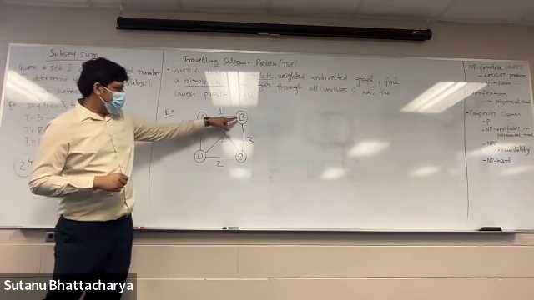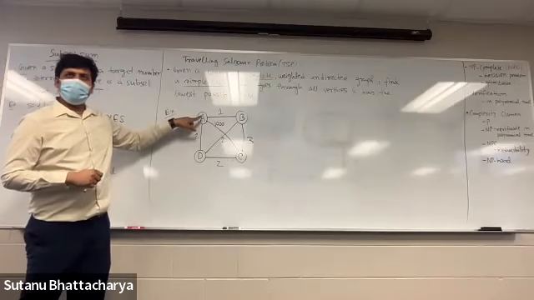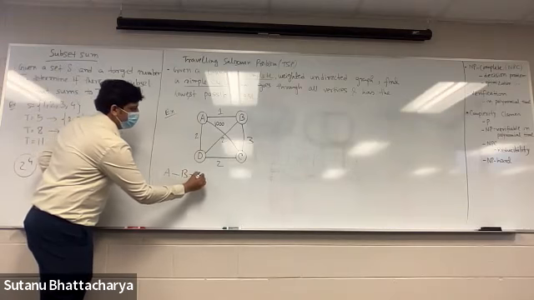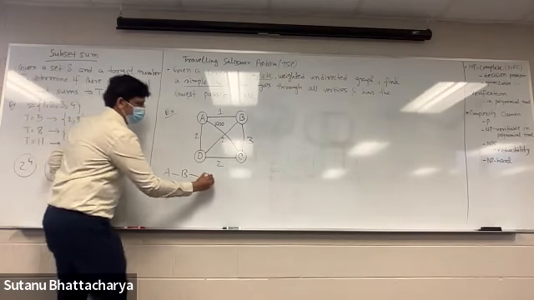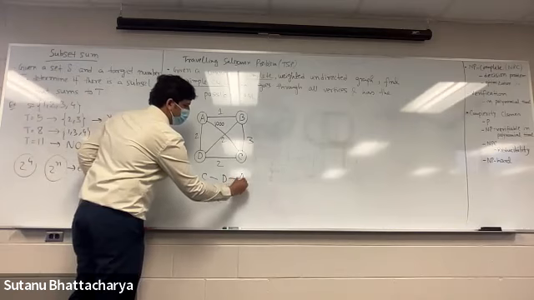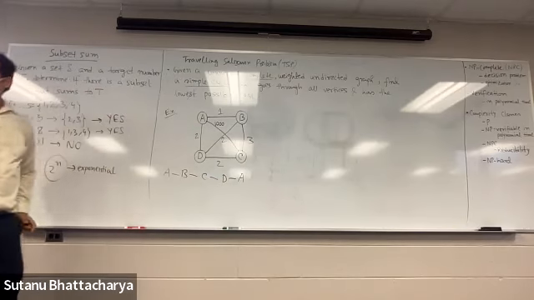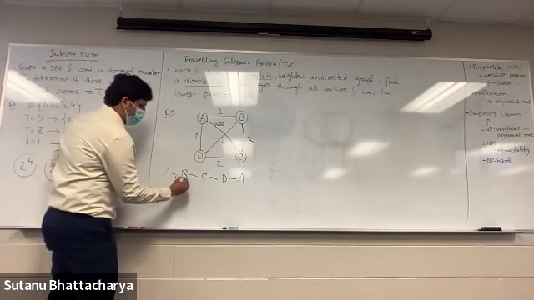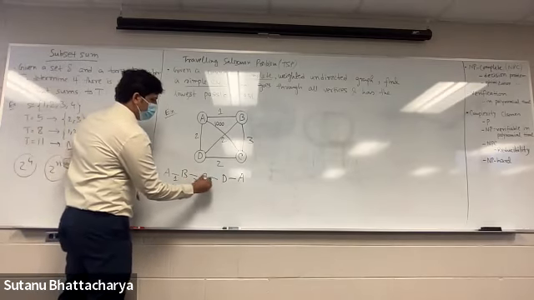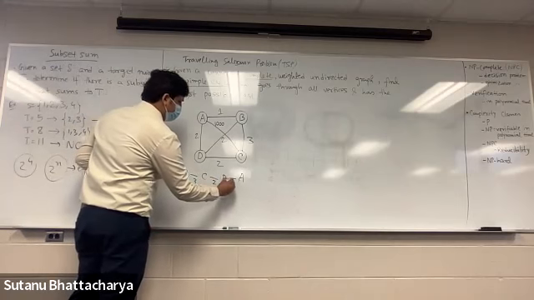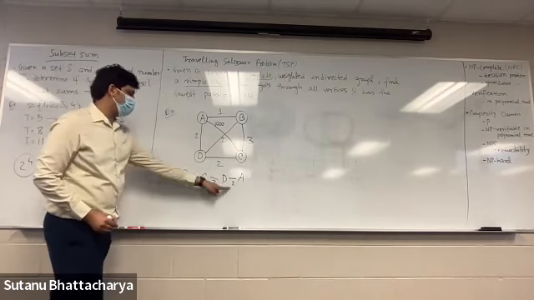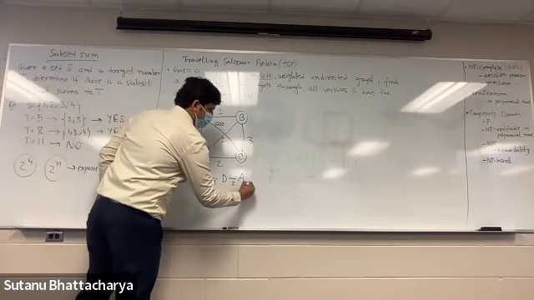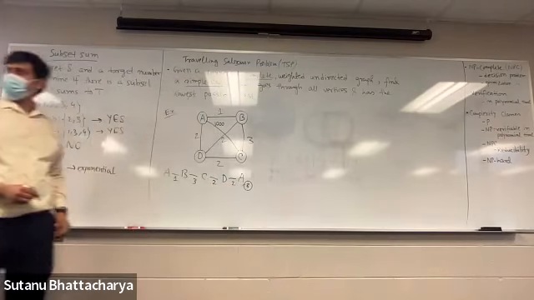A, B, C, D, A. So from A you go to B, B to C, C to D, D to A. It's a simple cycle. A to B is 1, B to C is 3, C to D is 2, D to A is 2. So the total cost is 2 plus 2, 4, 3, 7, 8. This is the total cost.